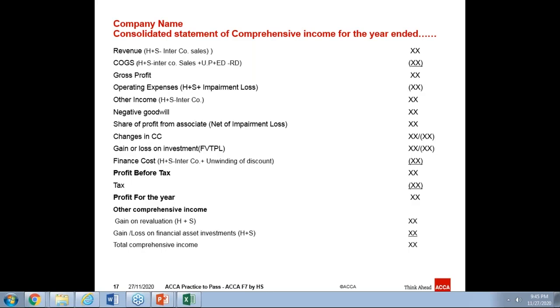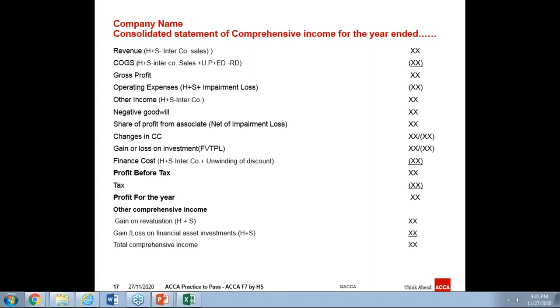So one more thing that I usually recommend to students: in the last few days, 2 or 3 days before the examination, don't go towards the book or even go for the exam kit. Just focus on the formats. Like you should know what is the format of the goodwill. You should know the format of the retained earnings, consolidated P&L, consolidated balance sheet, how you can calculate the consolidated property, plant and equipment.